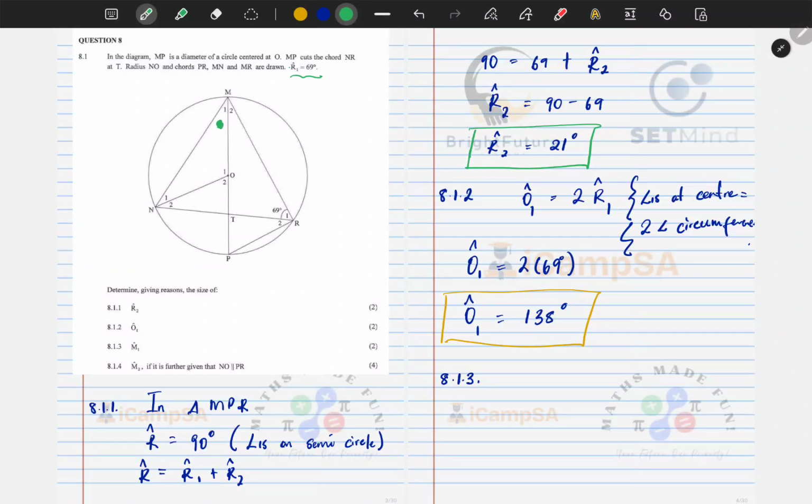So the best way in which we are going to look at this is I am going to look at this triangle, right? This entire triangle like this.